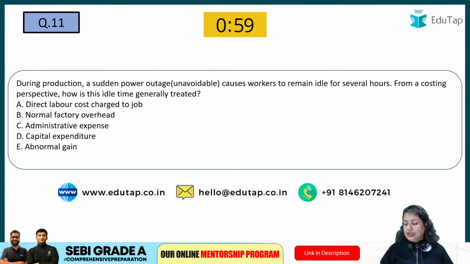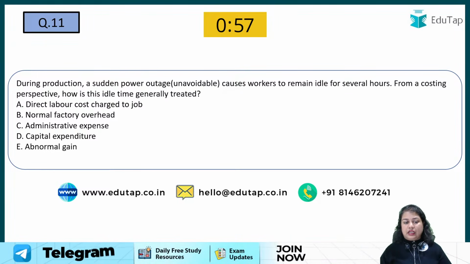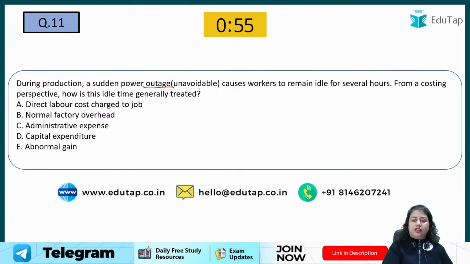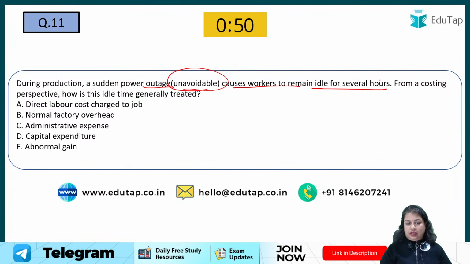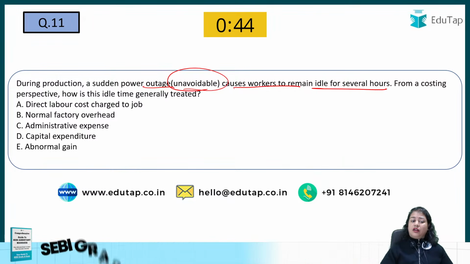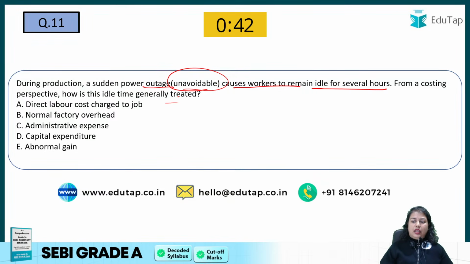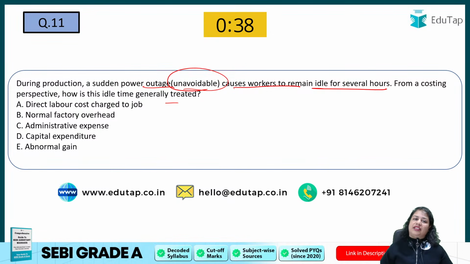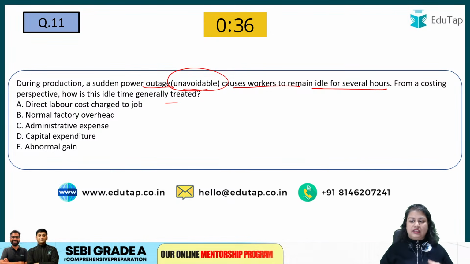Next, question number 11. During production, a sudden power outage that is unavoidable causes workers to remain idle for several hours. So the power went off, the cause is unavoidable, and the workers are sitting idle. So from a costing perspective, how is this idle time generally treated? So basically when the workers have to sit idle, this is an indirect cost.